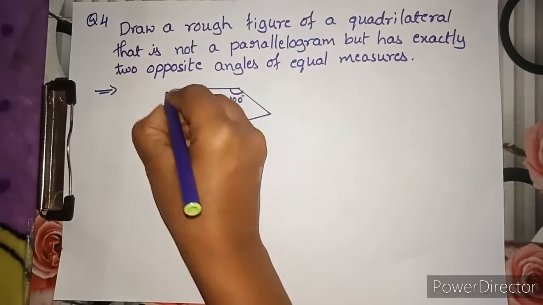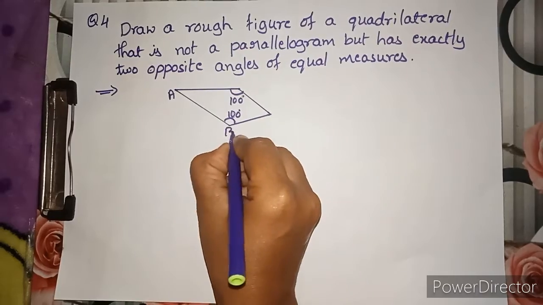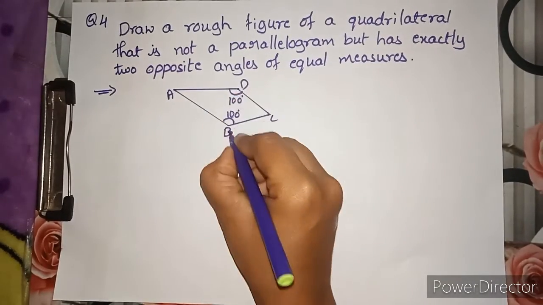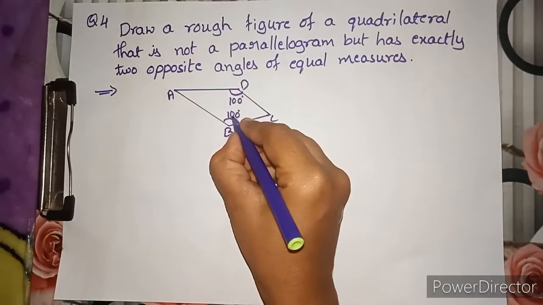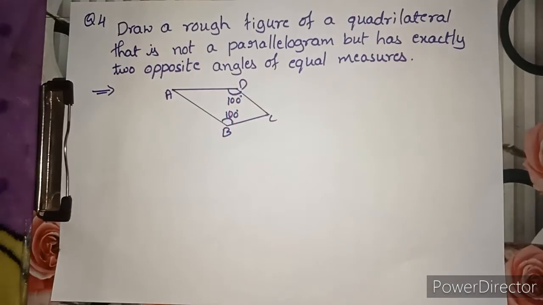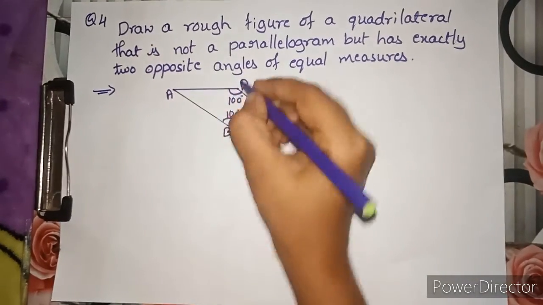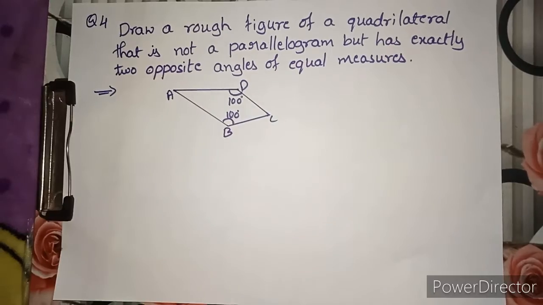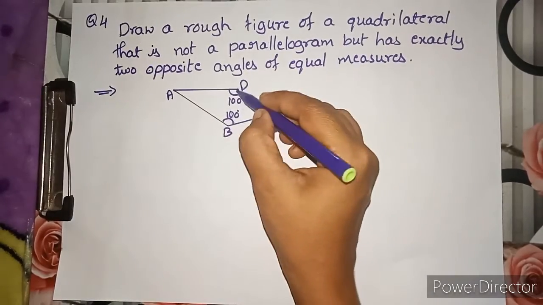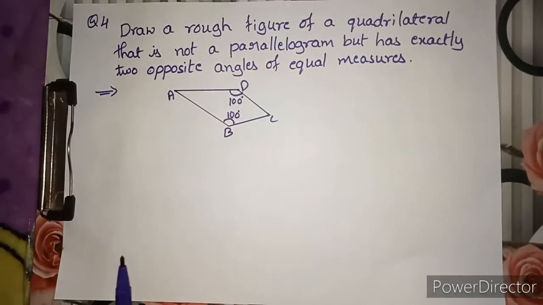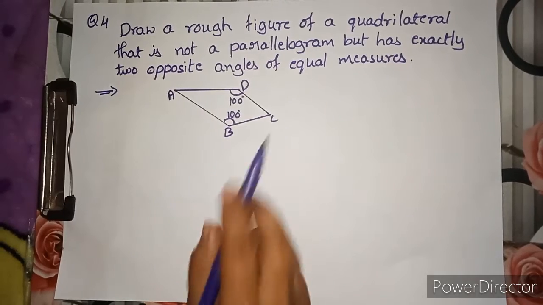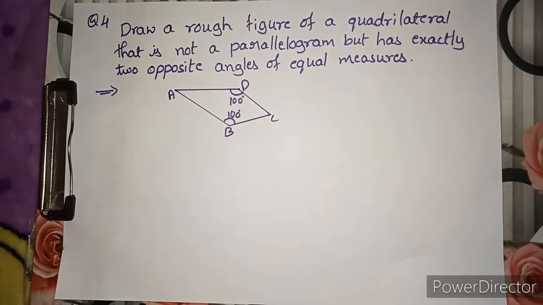We name it as A, B, C, D. B is opposite to D. This is 100 and this one is also 100. This is the rough figure of a quadrilateral in which opposite angles are equal. And this is the solution.